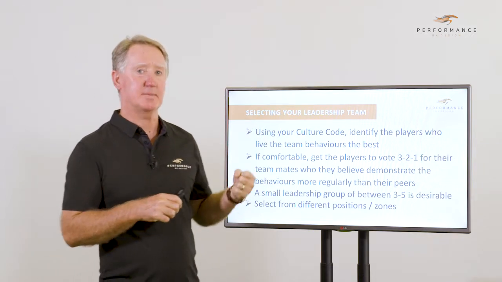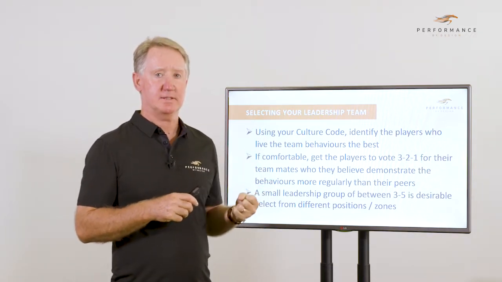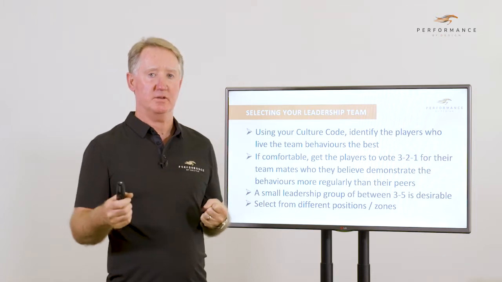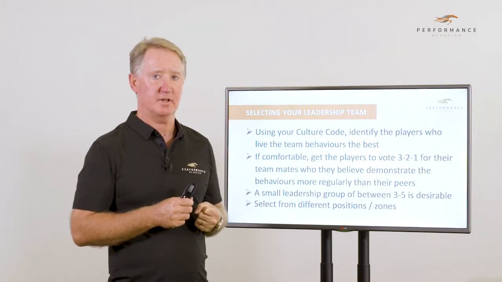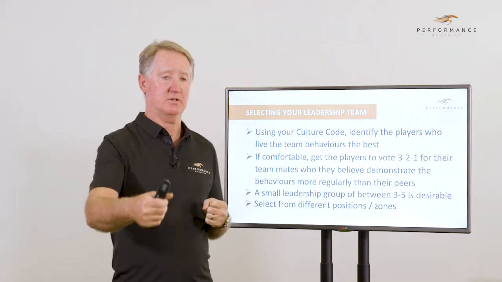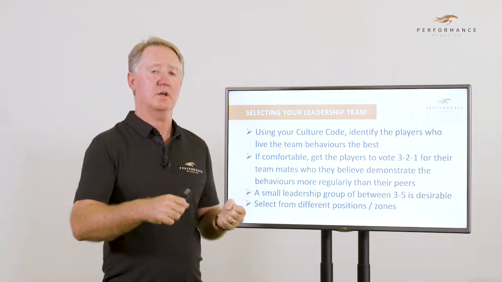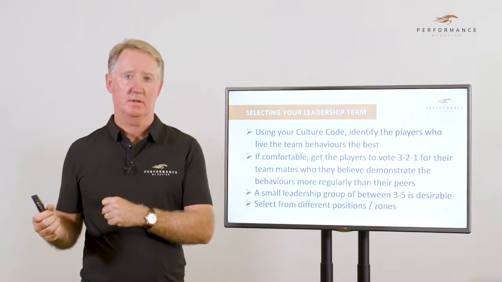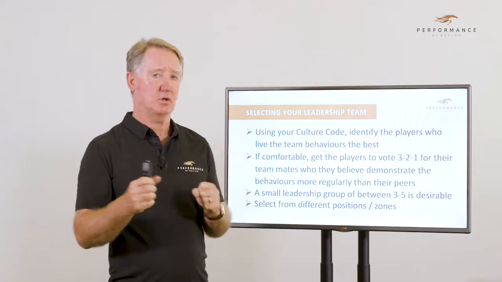So which players best represent the team behaviours and values that your group has identified. Now you can choose them yourself as the leader or the coach of the team, or you can get the group to decide. Either way, it's up to you.